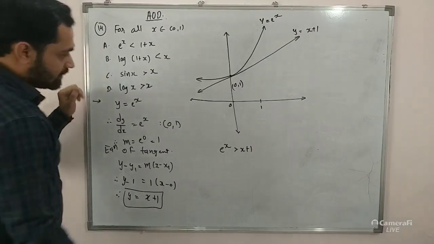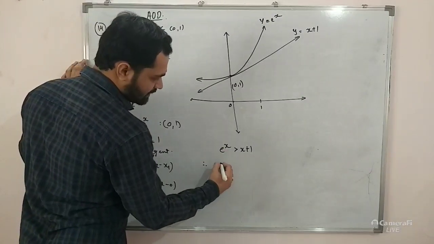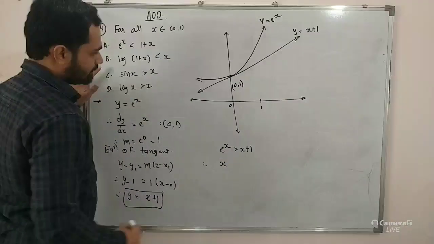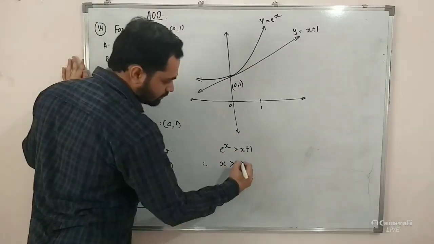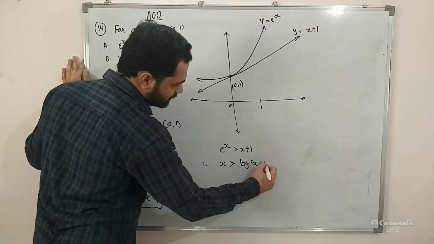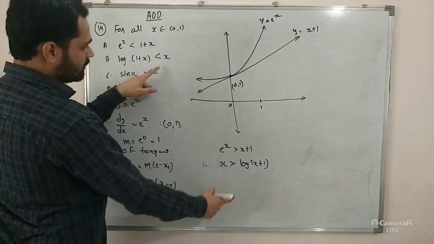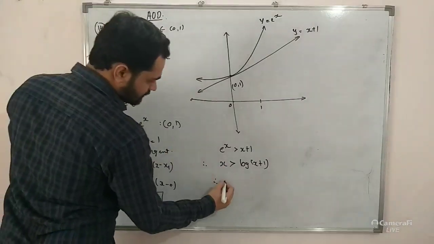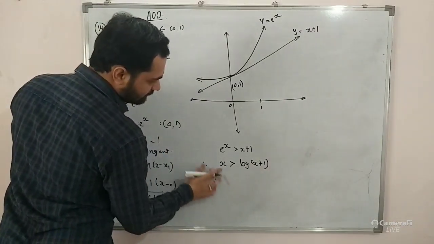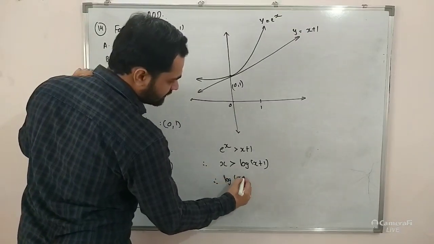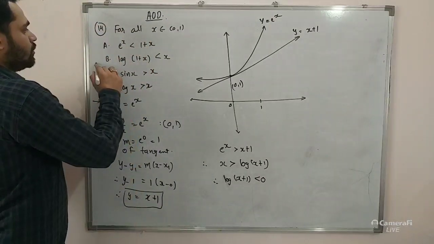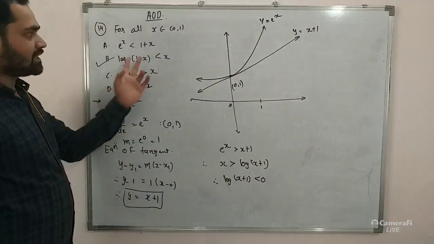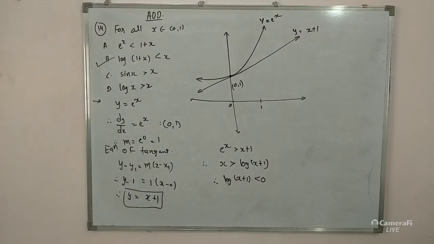So now we are going to take the logarithm both the sides. So x is greater than, देखो यहाँ पे x आगे आ जाएगा, log e की वैल्यू 1 हो जाएगी और यहाँ पे आ गया log of x plus 1. So x is greater than log of x plus 1. But if we change the left hand side as right hand side and right hand side as left hand side, then greater than becomes less than. So log of 1 plus x is less than x. B is correct.